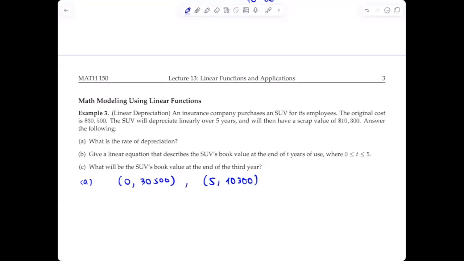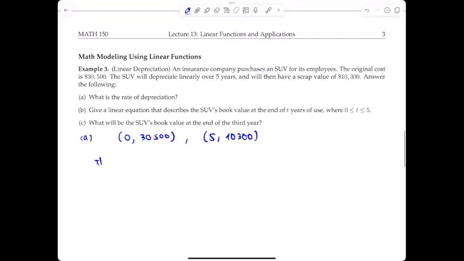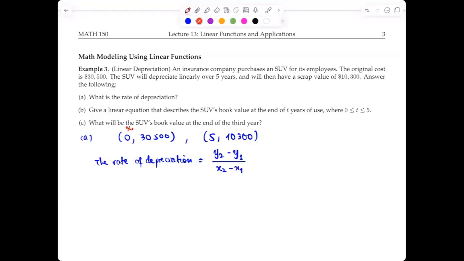Remember, the model that we're using is a linear model, as I said in the problem. So the rate of change, or the rate of depreciation, you just calculate using the formula y2 minus y1 over x2 minus x1, given that this is x1, y1, and this is x2, y2.